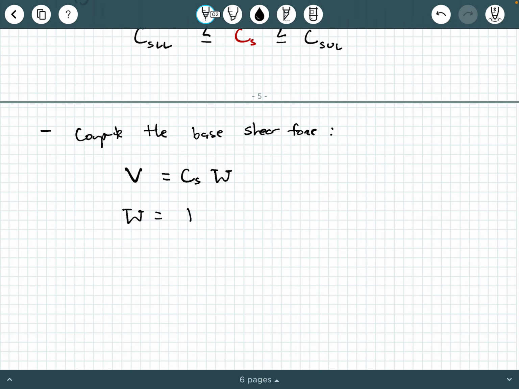W is going to be the total dead load of the structure. So W equals the summation of those little W sub I as I goes from 1 to N, okay? What's W sub I? Well, if you go back to the previous video, those were your lump weights or your lump masses at each story, okay? Those are dead loads, okay?